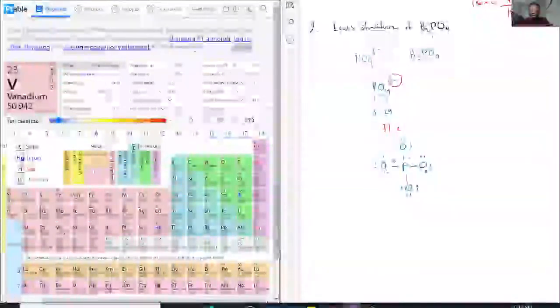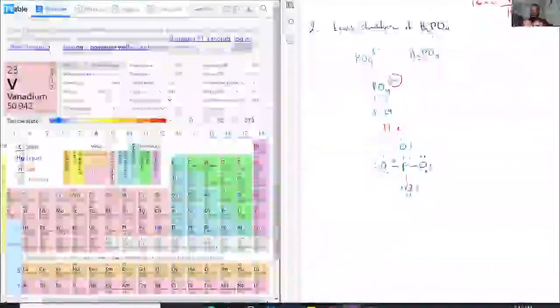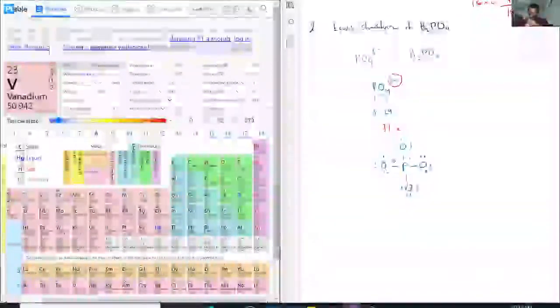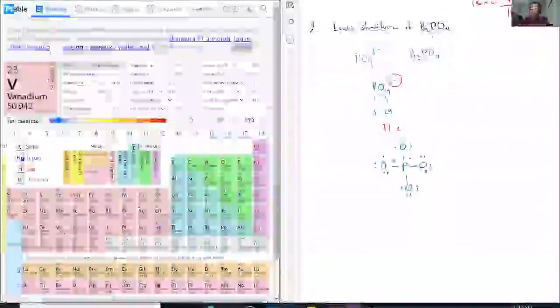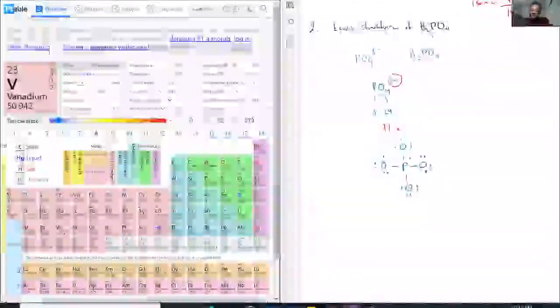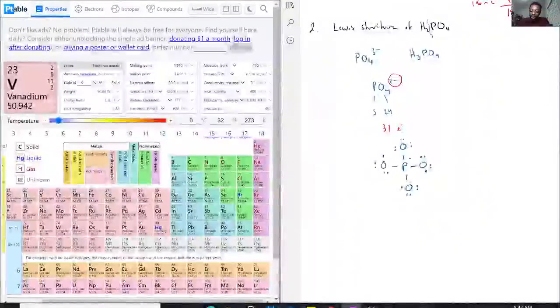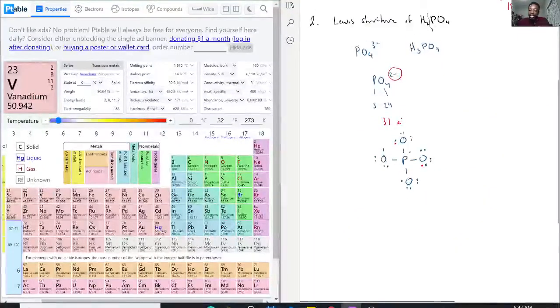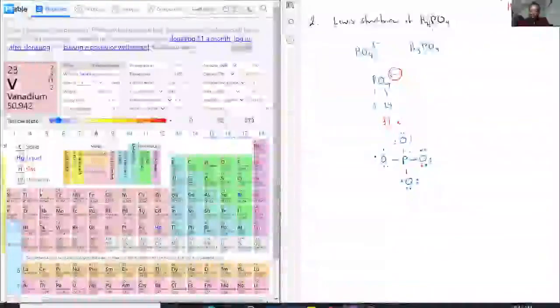Okay? But now we have the 2 minus. So that means we want to now add 2 more electrons. So we're going to add it to 2 oxygens just to fill the octet rule. 1, 2. Okay? So that's what I've done there to balance it out. So now 2 oxygens have finished their octet rule, but there's still oxygens that are very incomplete.